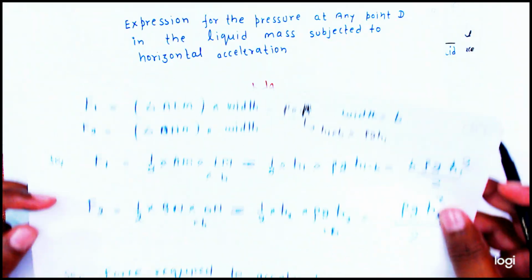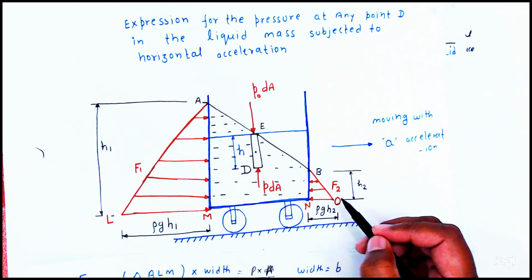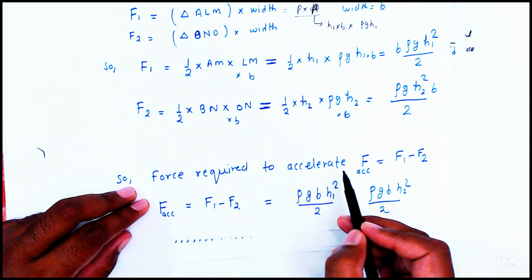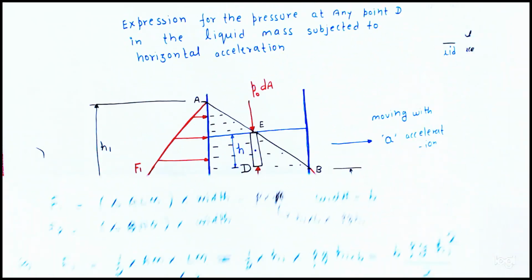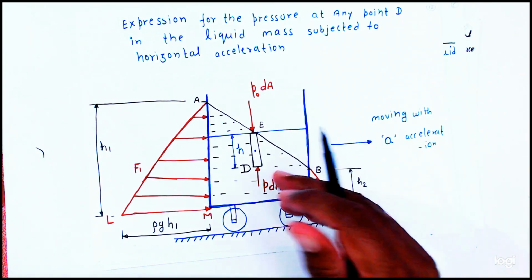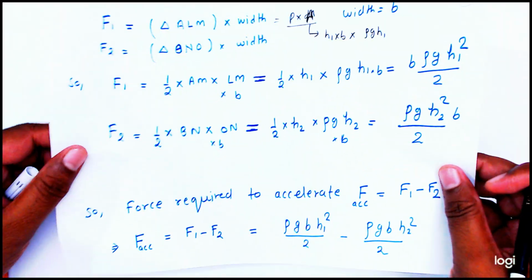So friends, here F1 is at this point and F2 is at this point. So what is the difference? The force required to accelerate, the acceleration force we are getting here, what will it be? The difference in the forces working at this point and this point.